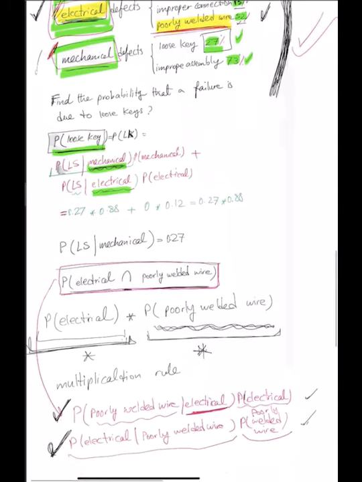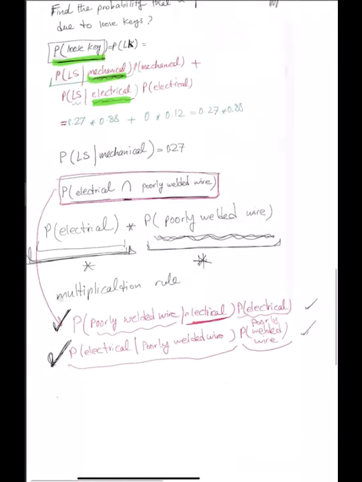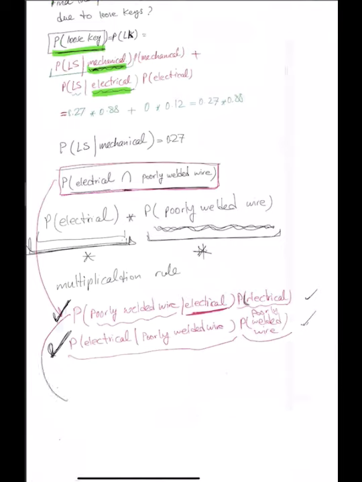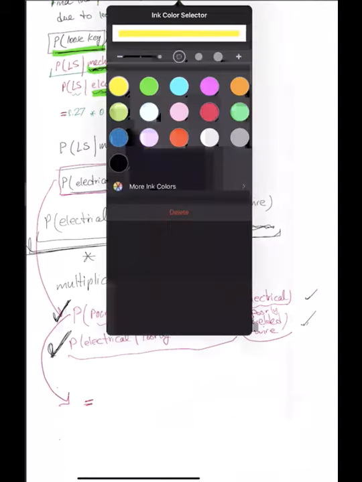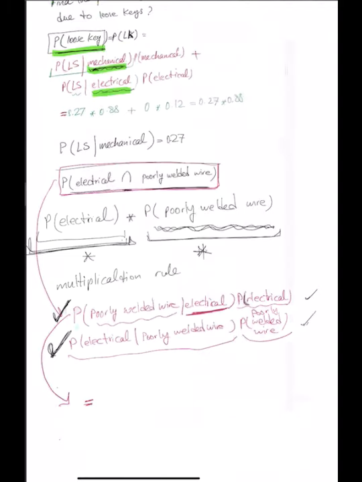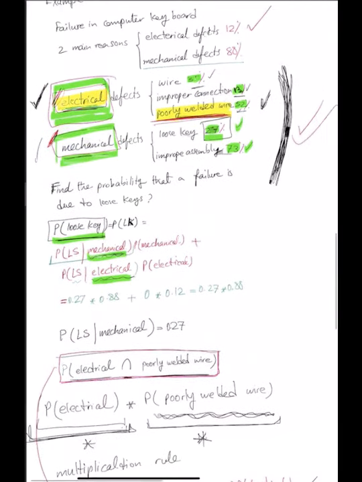So here, we are going to pick the first method, answering based on the first formula. What is the probability of poorly welded wire given that the defect is electrical? If the defect is electrical, what is the chance that it's poorly welded wire? 52%, right?